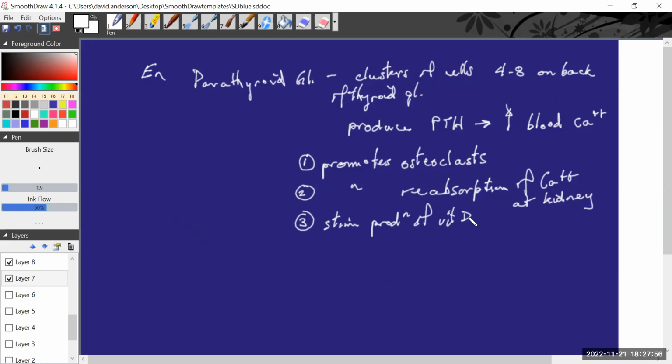Skin. Yes, very good. And it had to be activated both at the liver and at the kidney. This is where the parathyroid hormone comes into play. And when we increase vitamin D, that promotes absorption of calcium in the small intestine.